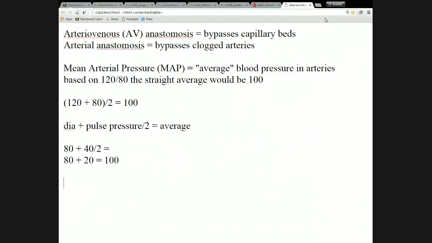However, for mean arterial pressure, we take that same approach, but instead of getting to the basic average, we divide the pulse pressure by 3. So again, based on 120/80, that would be 80, the diastolic pressure, plus 40, the pulse pressure, divided by 3.